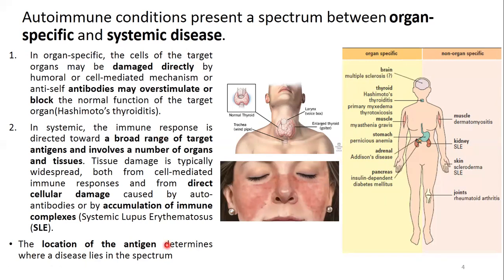There are some antigens which are specific to an organ, for example, which exist in the thyroid or in the pancreas, and don't exist in other sites. In contrast, there are some antigens that may exist in all or most of the human body's cells.